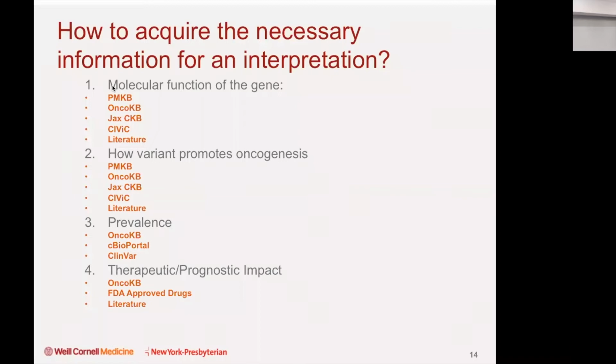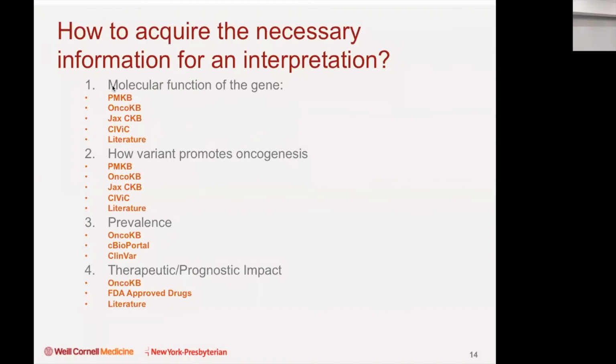There are some other sources listed here that are also databases with interpretations for variants for various tumor types. So you could also access these other ones, but I would encourage you to go to the primary source. Like all of these are like PMKBs in which a human being sat down and wrote down interpretations based on a primary source.